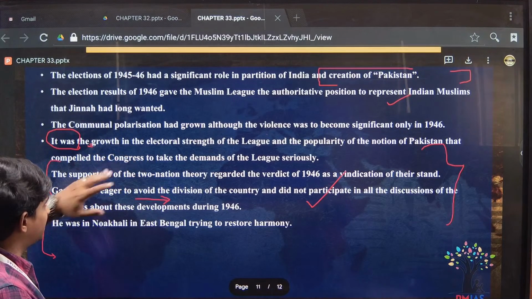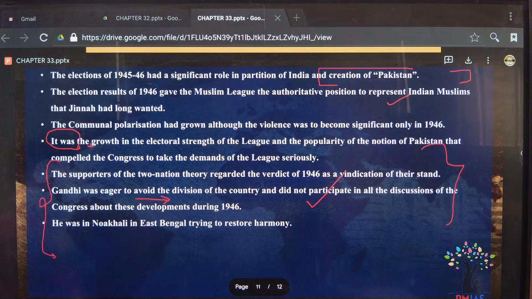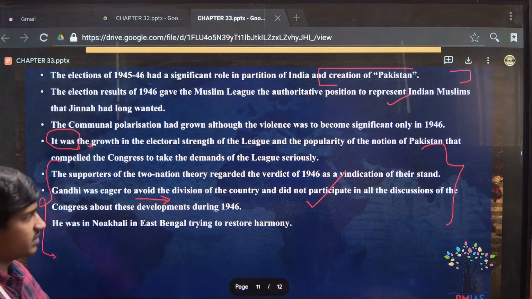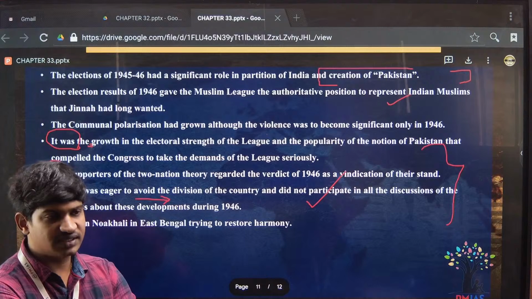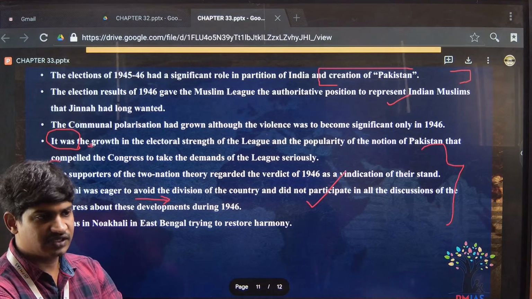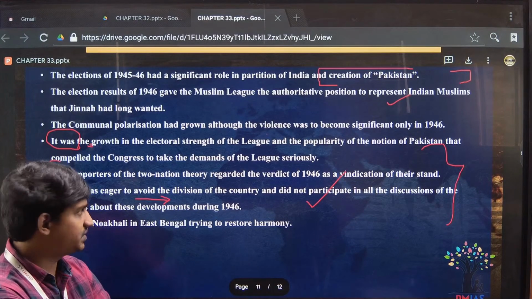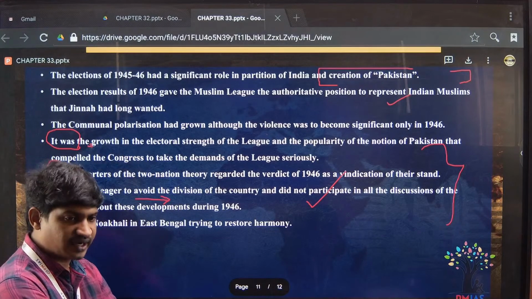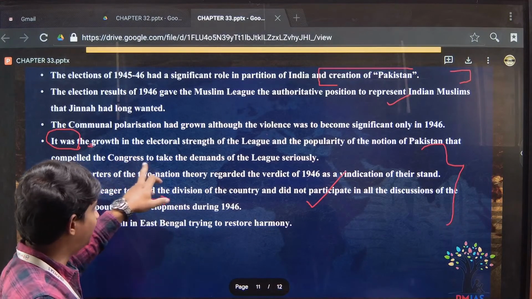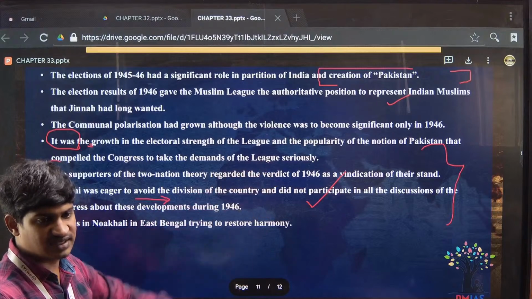And next, about communalism: yes, it was there, and it led to violence. Still, the Indian National Congress was not ready for the two nation theory until the last, but at last the Congress was compelled to take the demands of the League seriously.